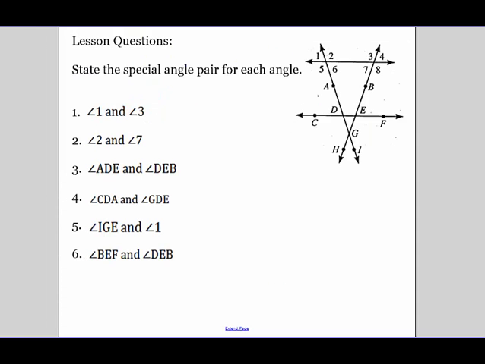Okay, so state the special angle pair for each one of the angles. Now there are special angle pairs that come from this section, but also additional ones that I'm going to have on there are vertical angles, and also I'm going to ask you guys linear pair. So be careful.